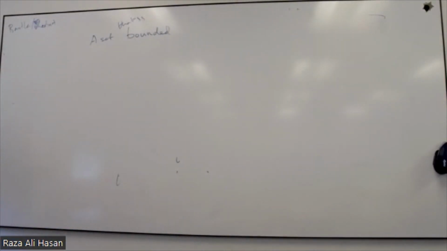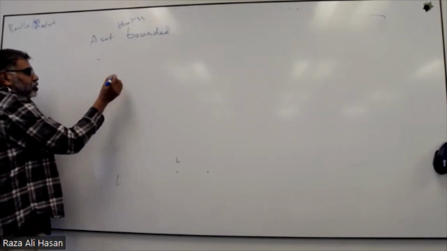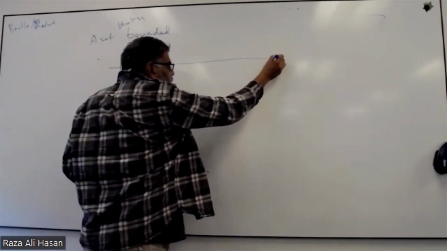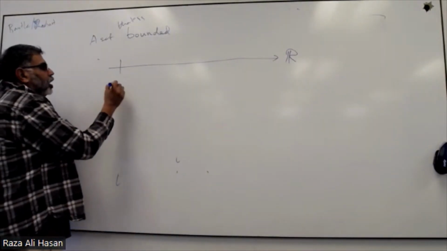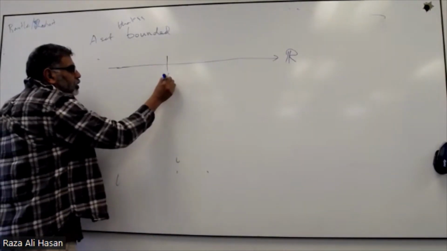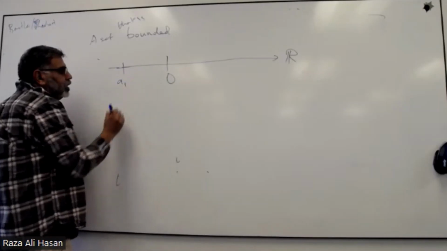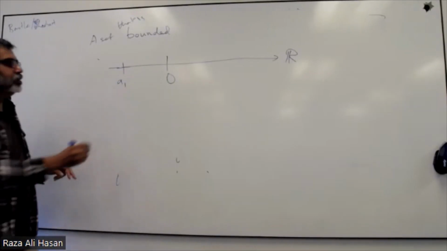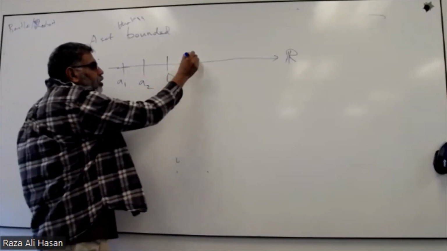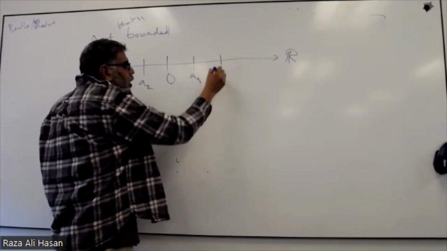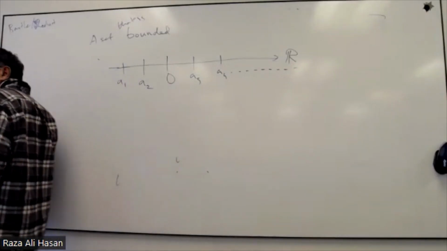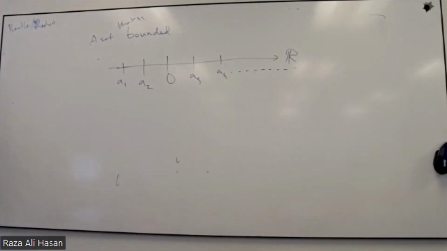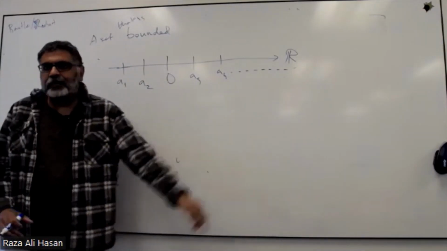And so the idea is that a convergent sequence. So let's look at this sequence first. This is a sequence of real numbers. Let's say 0 is here. This is the first term of our sequence. The second term goes here, and continues forever. Is this an infinite sequence? Does it have an upper bound?